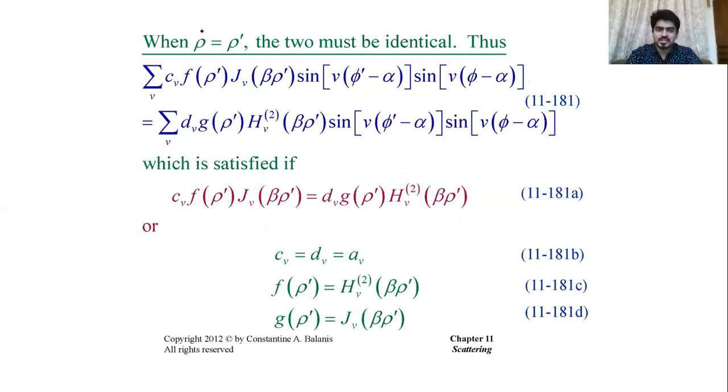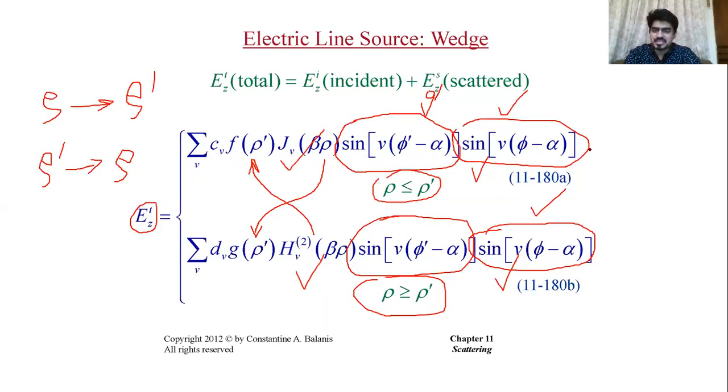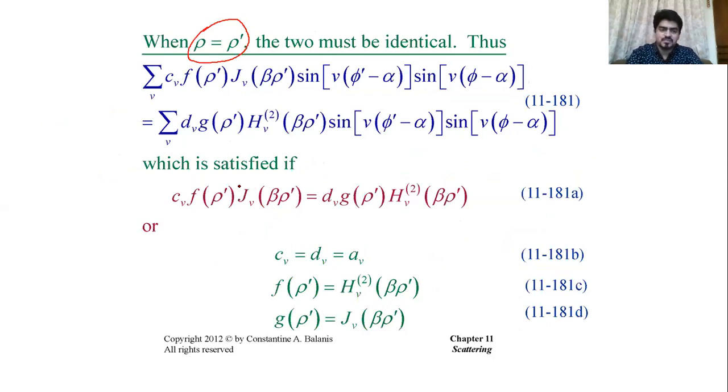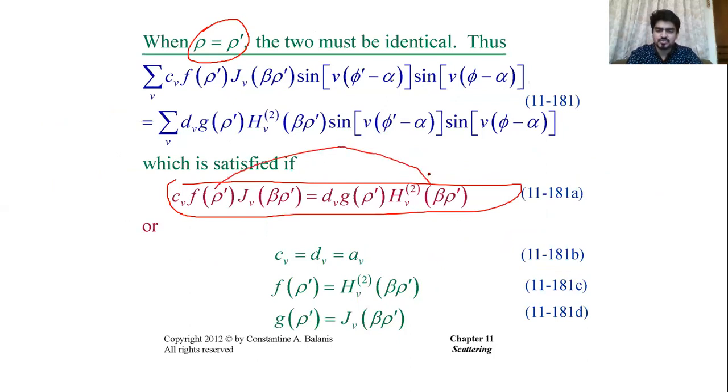Or we can also think like this: when we make rho equal to rho prime, your field should be continuous. When we make that continuity, this expression should be equal to this expression, and from that we can say that this is going to be equal to this one, and this is going to be equal to this one.